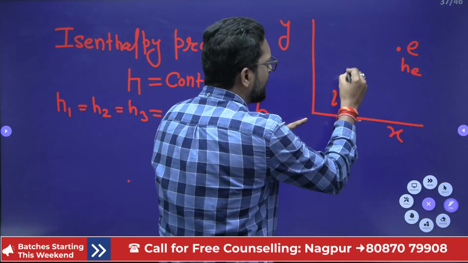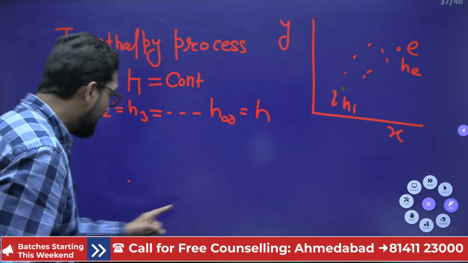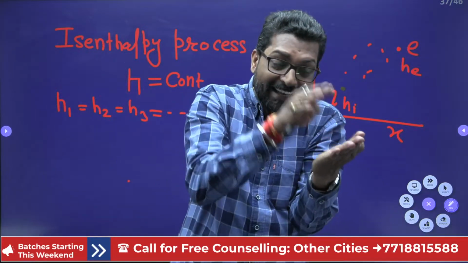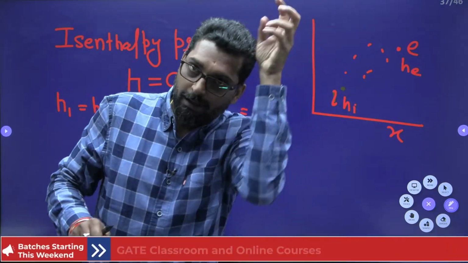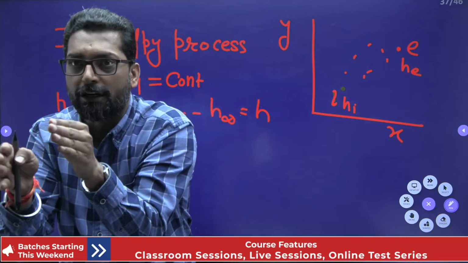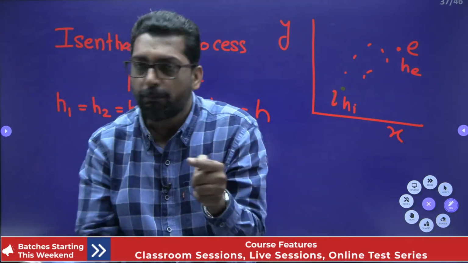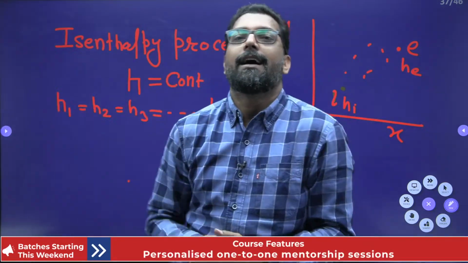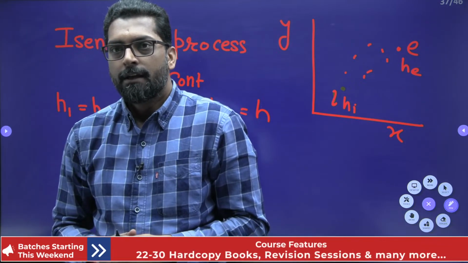It is not necessary that the enthalpy is the same at all points. That's why we cannot say that throttling is an isenthalpic process. The enthalpy before entry to the throttling and the enthalpy after exit from the throttling are the same, but it is not necessary that during the throttling the enthalpy is the same.